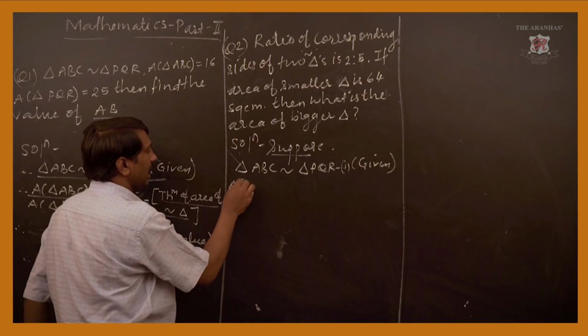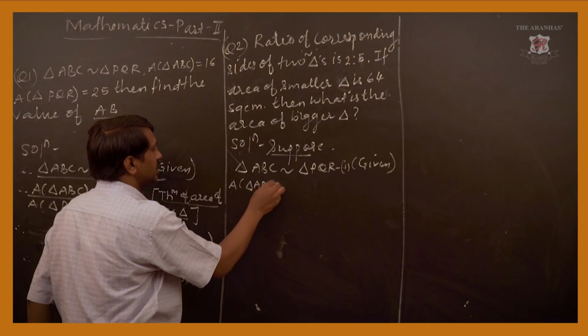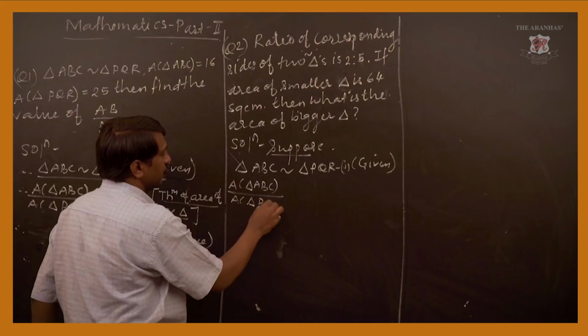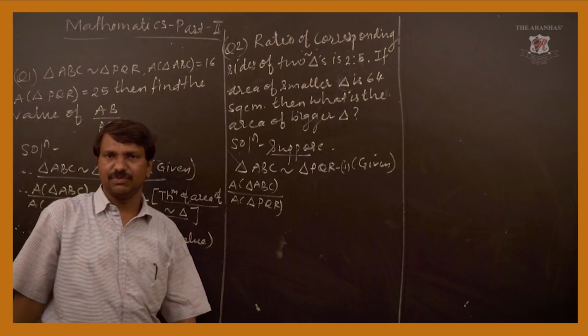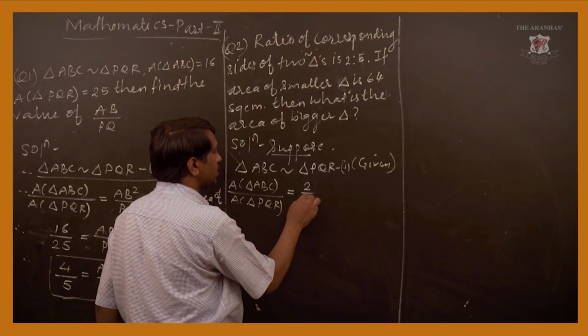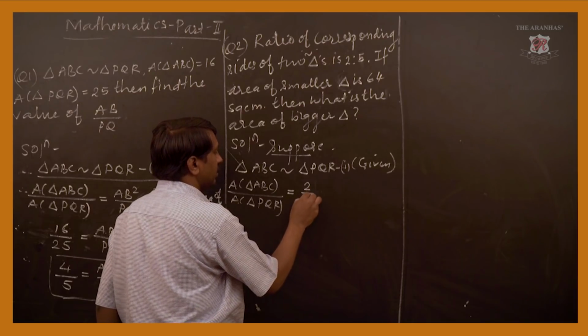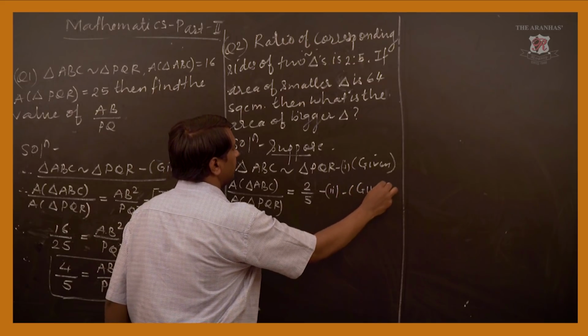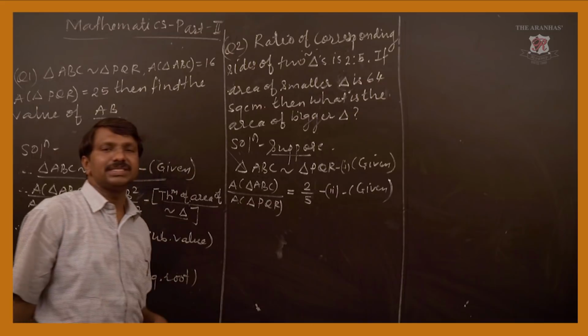Here we'll write area of triangle ABC upon area of triangle PQR, which is equal to what? The ratio is given 2:5, that means 2/5. This is the second statement, and this is also given.